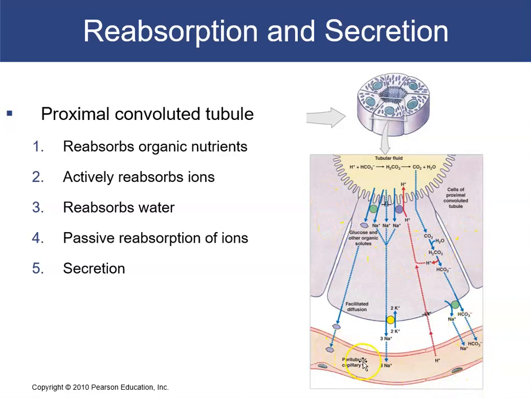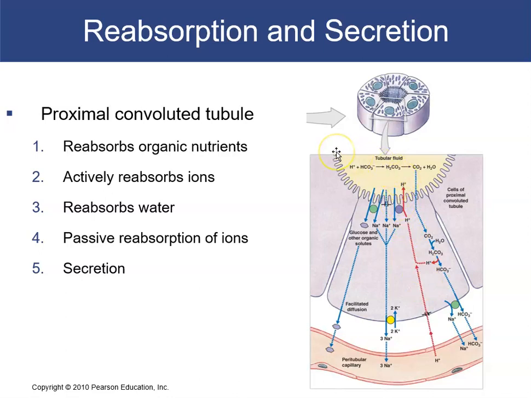And here are the peritubular capillaries that we talked about, the capillaries that wrap around the nephron to reabsorb these various materials. Any arrow that is going from the yellow into the blood represents a material that is being reabsorbed, taken out of the fluid, put back into the blood. Any arrow that's going from the blood into the fluid represents secretion.